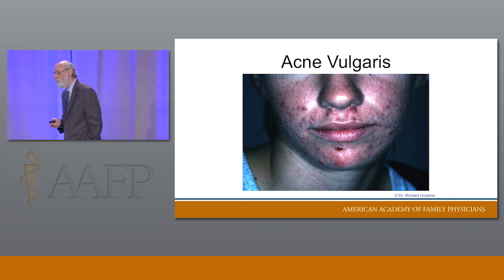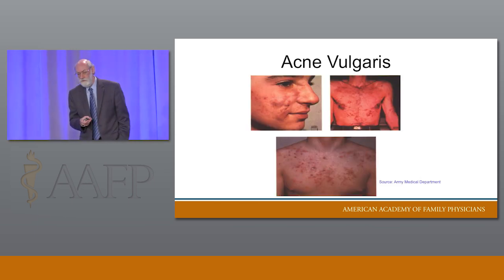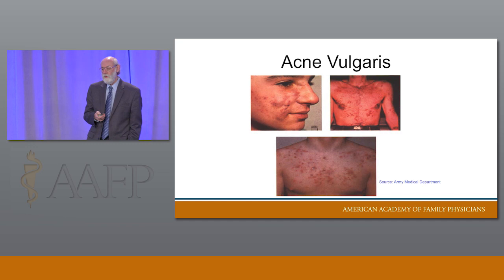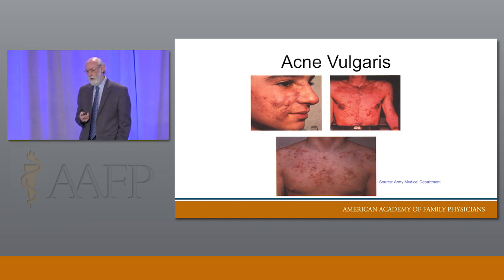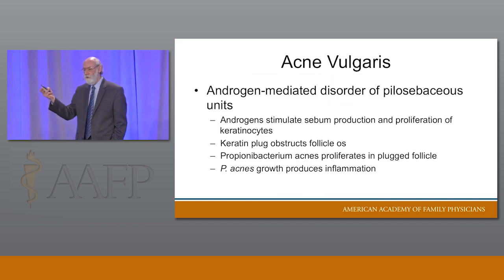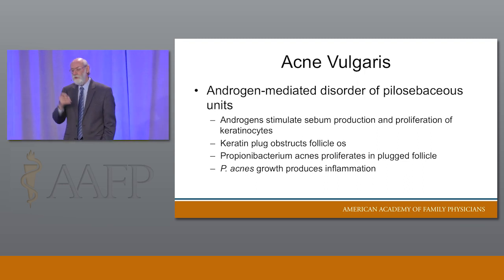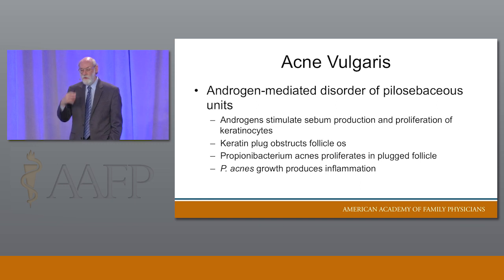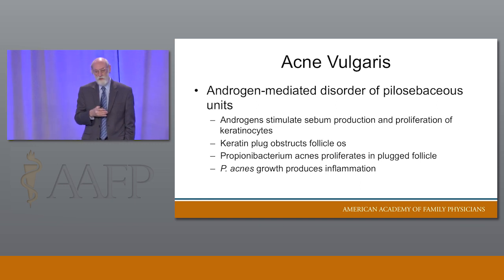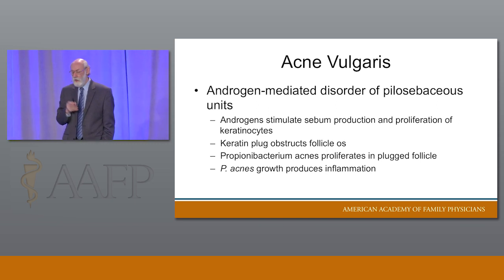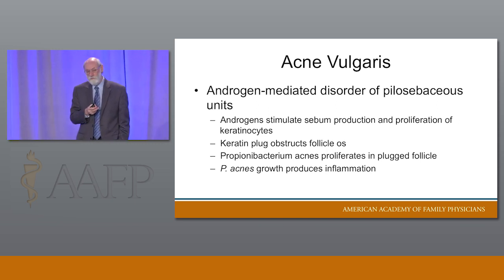What does our patient have? Acne vulgaris. Here we see a few more pictures of inflammatory acne. So what is acne vulgaris? It's an androgen-related disorder. Androgens, when they kick in, stimulate sebum production and proliferation of keratinocytes. They produce keratin, which blocks the outflow of the follicle.